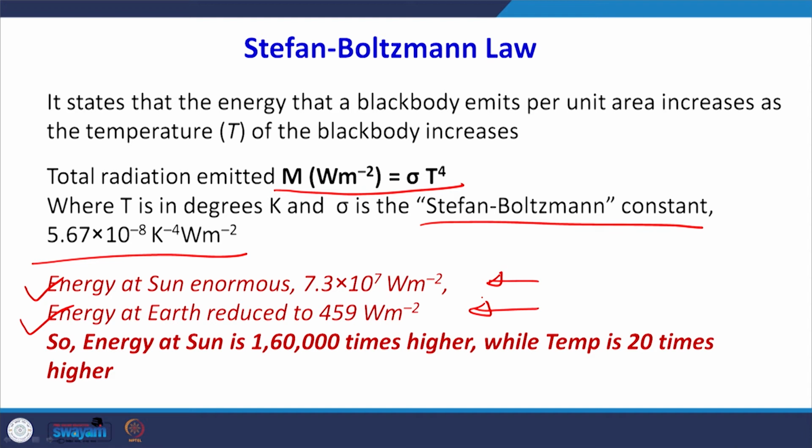This gives us a clue that the energy at the sun is 160,000 times higher, while the temperature is only 20 times higher, following the Stefan-Boltzmann law.